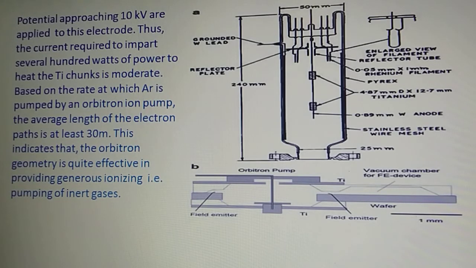So this indicates that the orbitron geometry is quite effective in providing generous ionization, that is, the pumping of the inert gases.